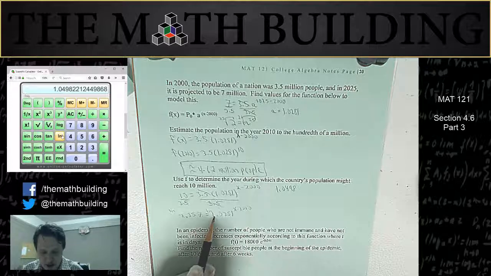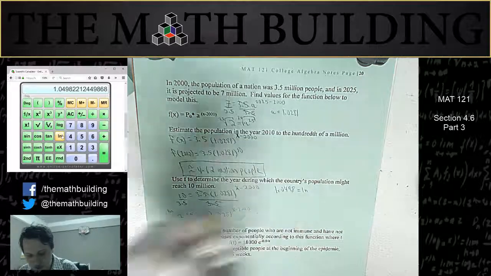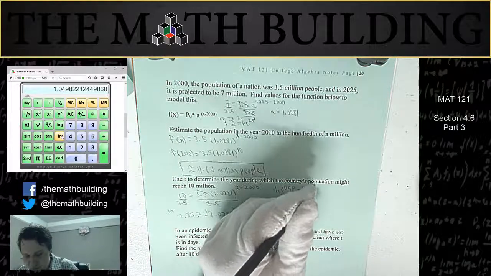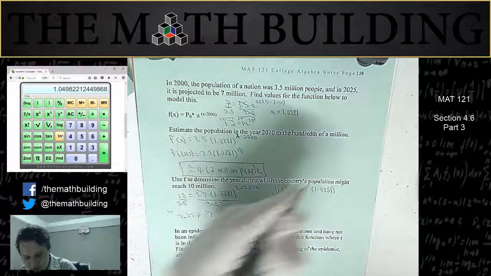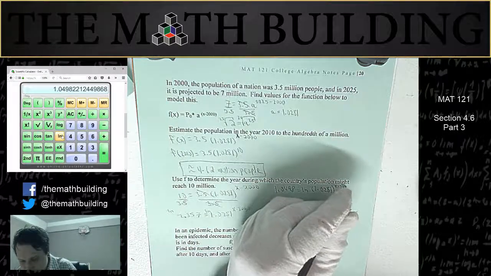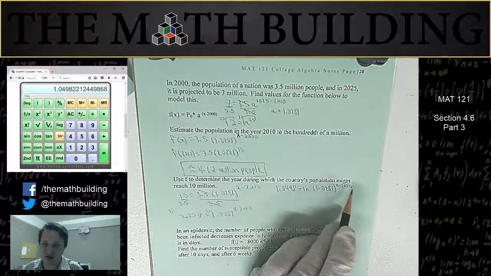And now we take the natural log of the other side, the natural log of 1.0281 to the x minus 2000. The reason we do that is because now we can bring down that power.